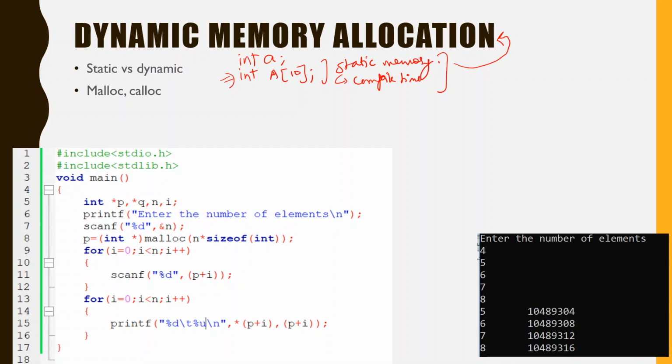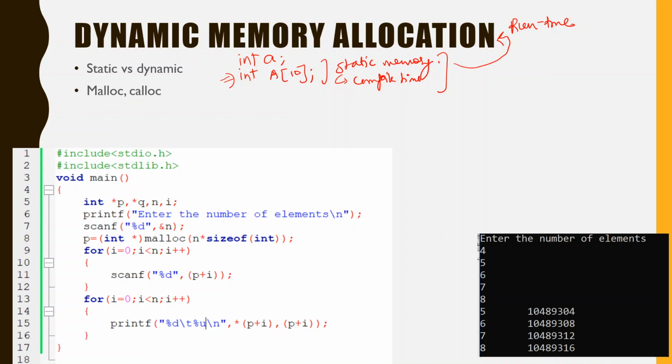Only the very minimum required memory is allocated at compile time, and the memory which is allocated at runtime is called dynamic memory allocation. So the memory will be allocated at runtime as per the need of the program. We can understand this with the help of the example shown in the video.